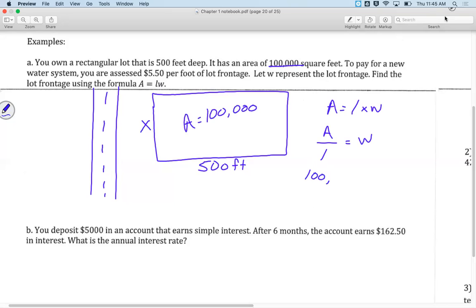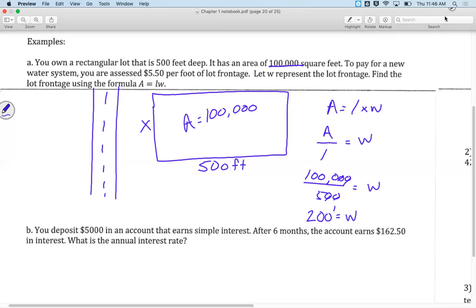100,000 divided by 500 is W. It's 1,000 divided by 5, which is 200.